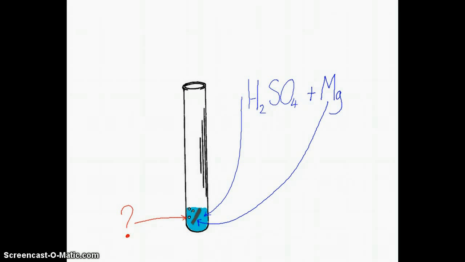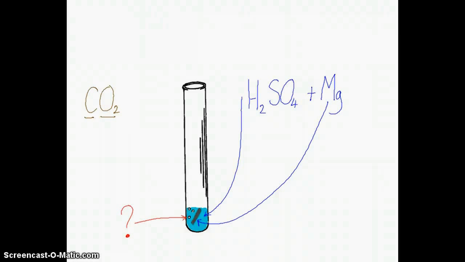Well, let's start with what gases we know about. How about carbon dioxide? Well, the formula for carbon dioxide is CO2. This means that a molecule of carbon dioxide has 1 carbon atom and 2 oxygen atoms in it. Okay, well, can we make carbon dioxide out of the building blocks we've already put into our test tube?